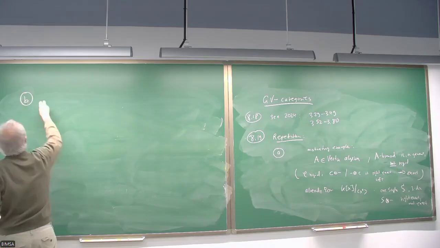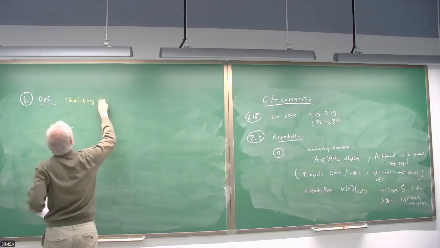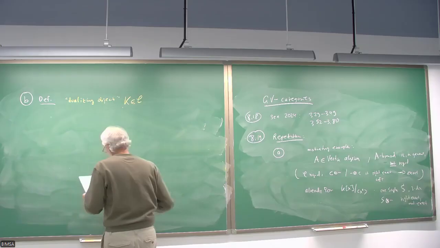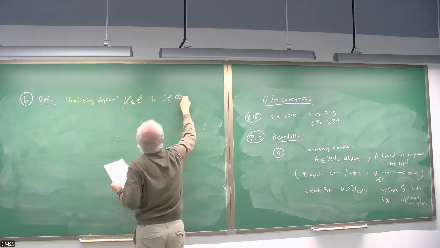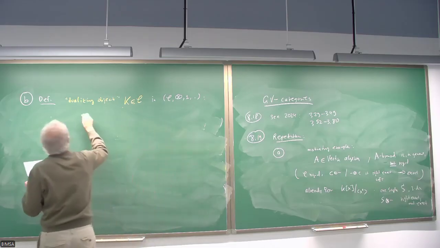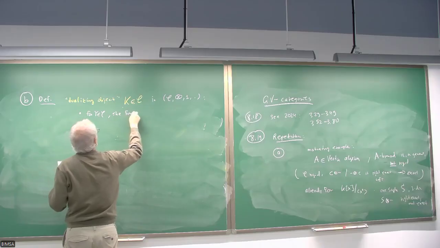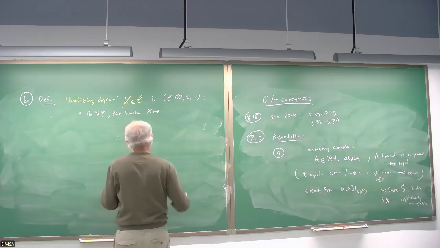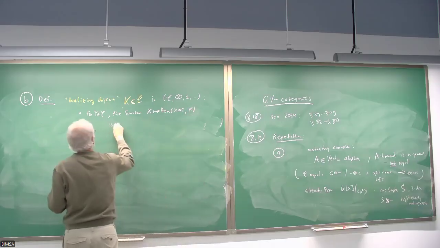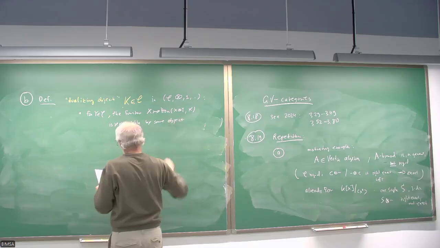We say a dualizing object, and for some reason one often uses the letter K for that, in a monoidal category C is an object such that first of all for any y in C the functor sending x to Hom(x tensor y, K) is representable by some object called G of y.